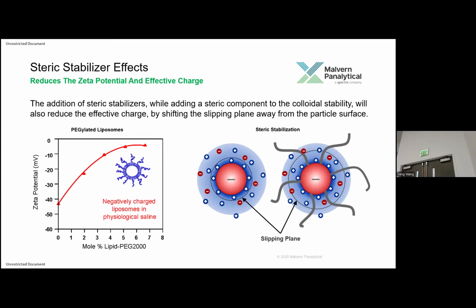However, what the PEG groups are doing is that they ultimately are physically shielding the polar head groups around that particle. So as you add more and more PEG chains, you're going to physically shield those charges. And so when you look at the zeta potential, you're going to see it decrease as you add more and more PEG groups. So that's where we couple both the zeta potential and size. I don't have it here, but there's an example where we look at a particle with dextran and a particle without dextran, right?